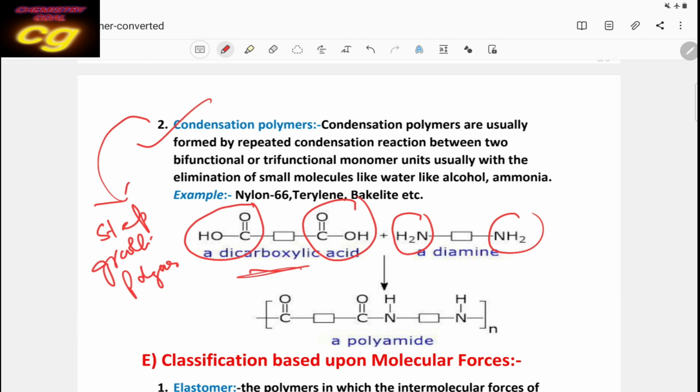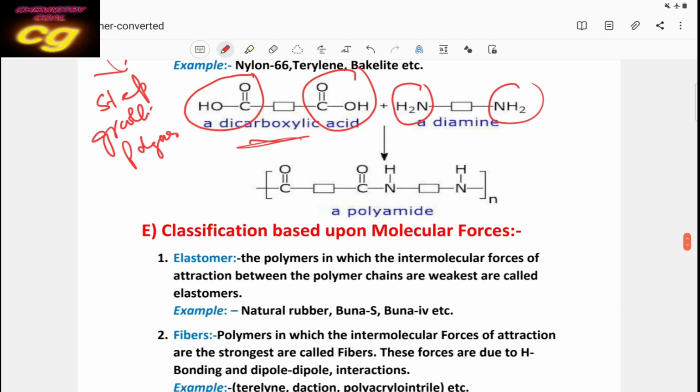So that is the involvement of functional groups. But in addition polymer, only double bond or triple bond compounds are involved, and double bonds are involved in the extension of the chain.